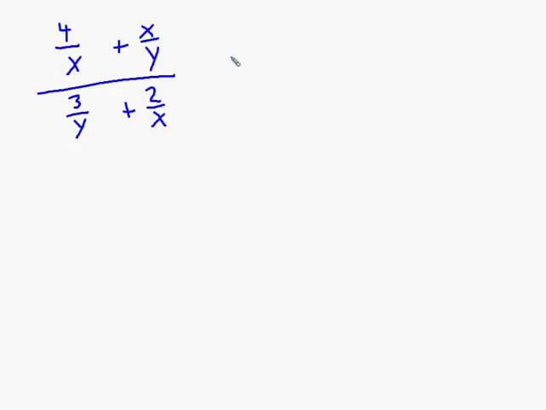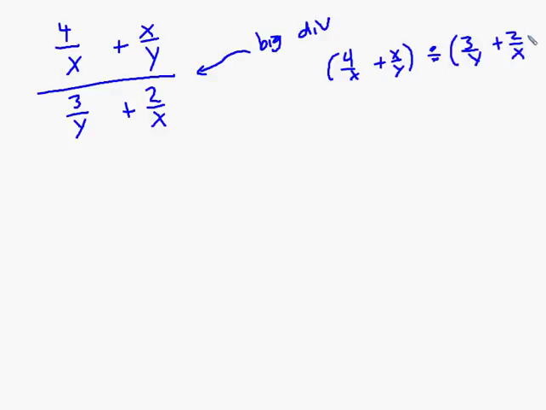Okay, so in this case, I have a big old division. I could think of it as 4 over x plus x over y divided by this thing. But it actually ends up that doing it this way is longer and harder.